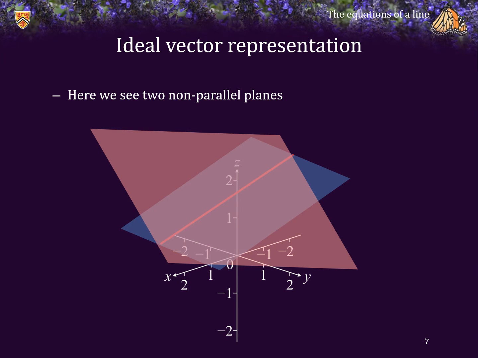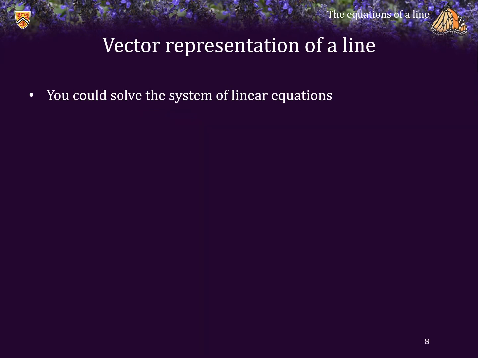Now, our goal here will actually be not only to describe that line, but also to find the vector representation of this line. So u perp plus alpha times a vector, unit vector, parallel to that line. Now, to find a vector representation of that line, you could solve the system of linear equations.